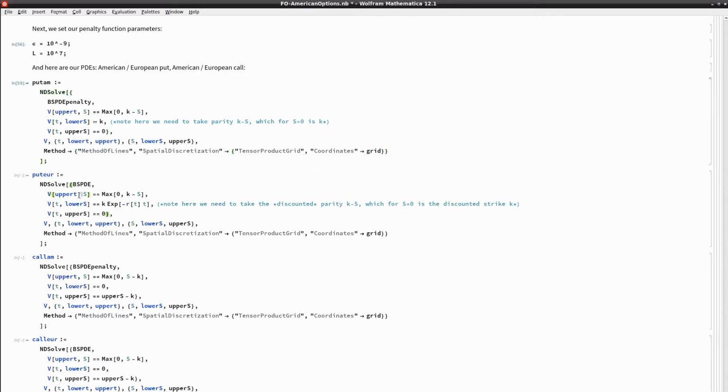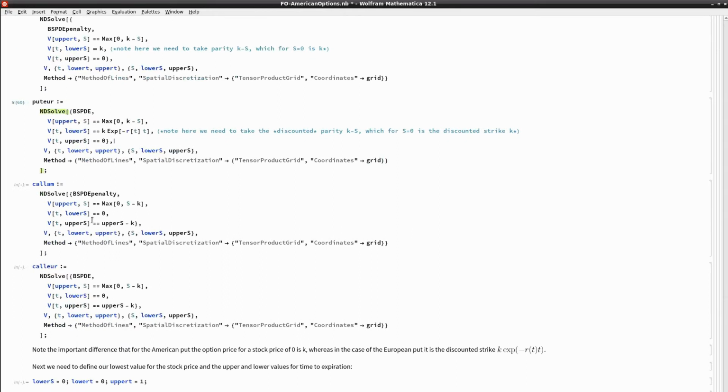For the European put, this is quite similar, except we use the discounted strike. I've explained this in detail in a previous session why it is the discounted strike. I'll just repeat it here. Everything else is the same. Max of k, 0 and k minus s for the temporary restriction. For upper s we say 0 in this special condition.